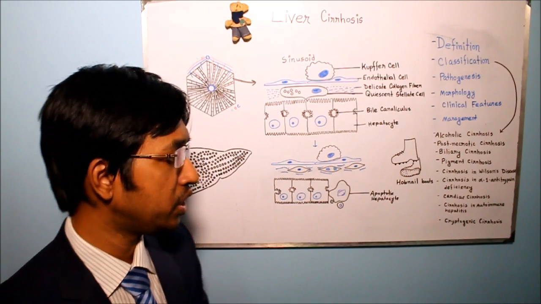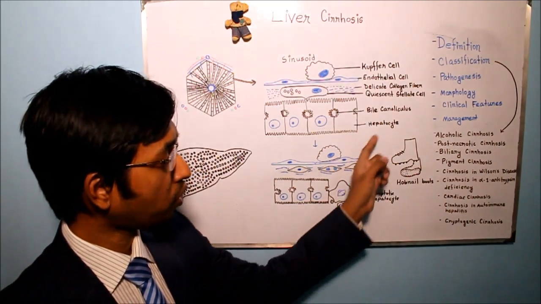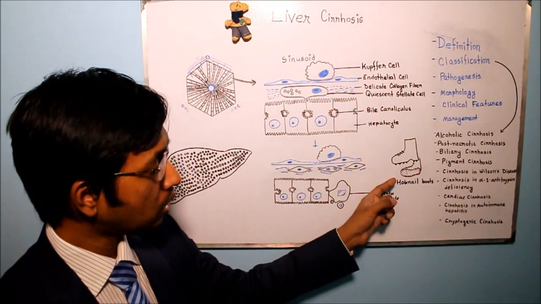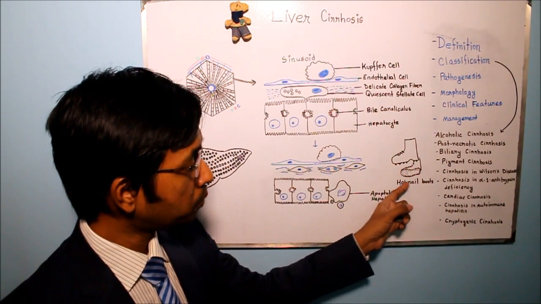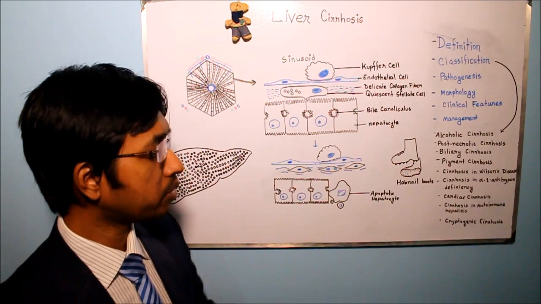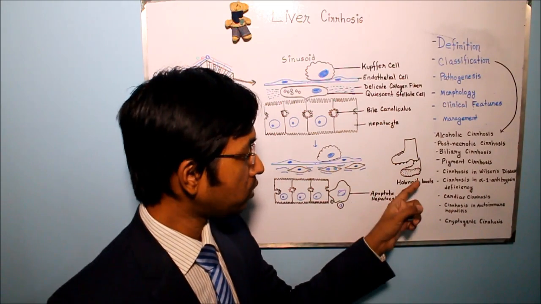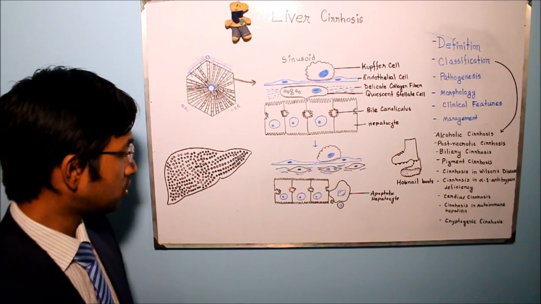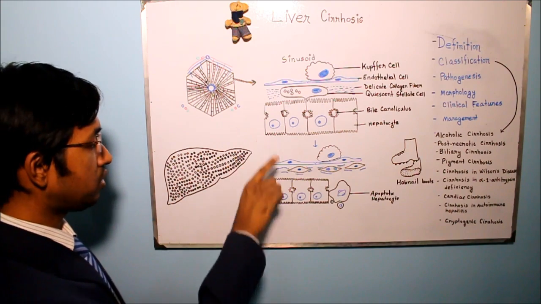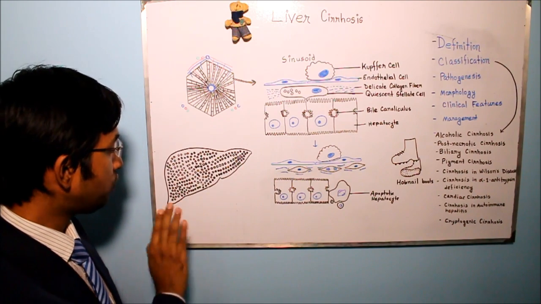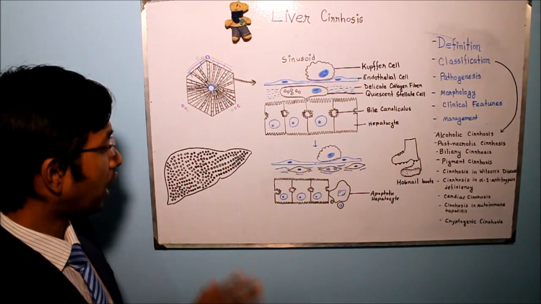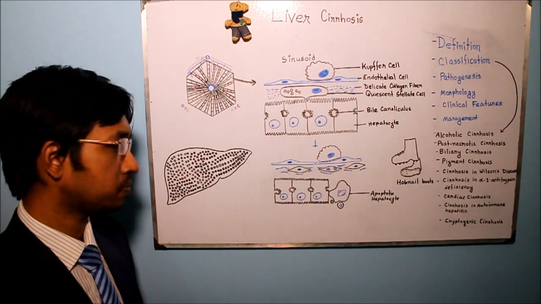For example, here I have drawn a pair of boots, and notice on the sole of the boots we can see hobnails. Okay, now compare these with this image. This is a very simple diagrammatic image of a liver, and here we have alcoholic liver cirrhosis.